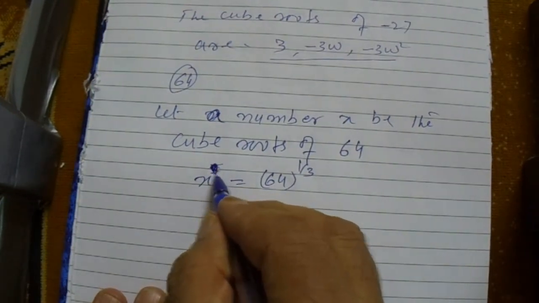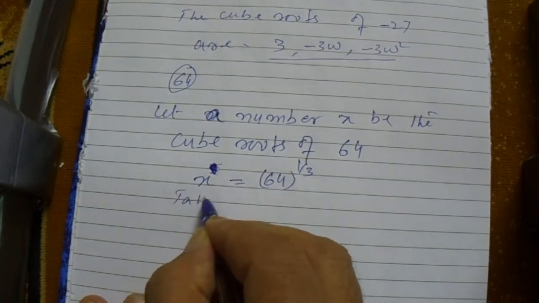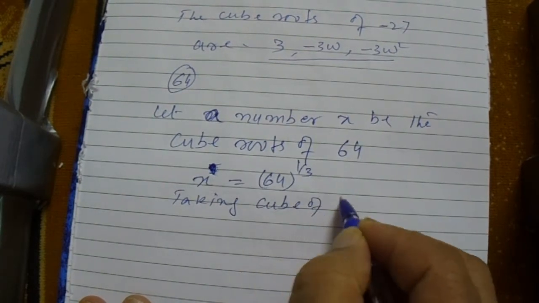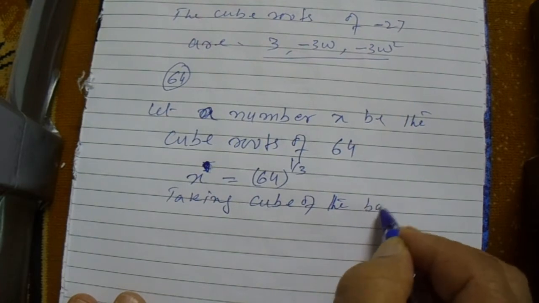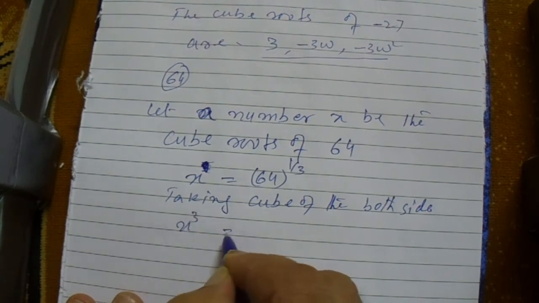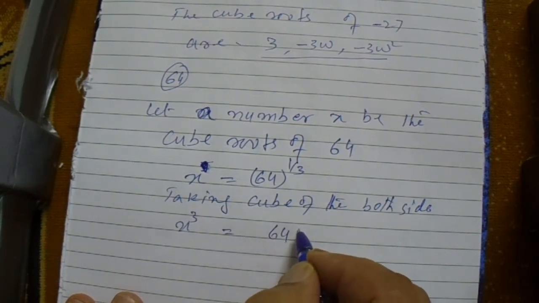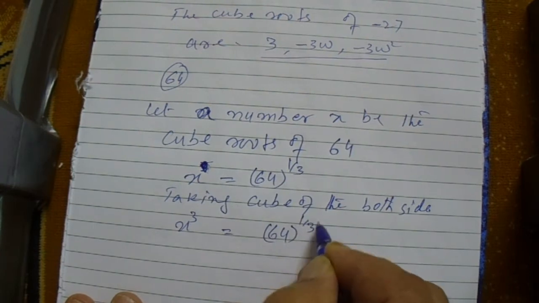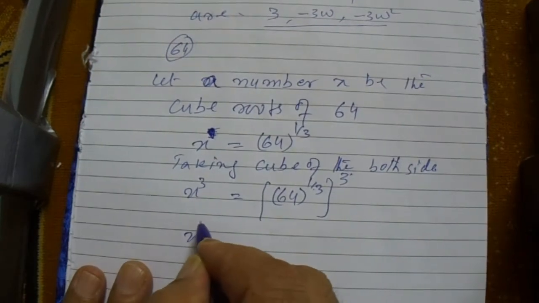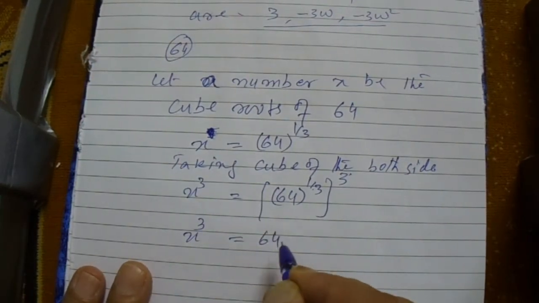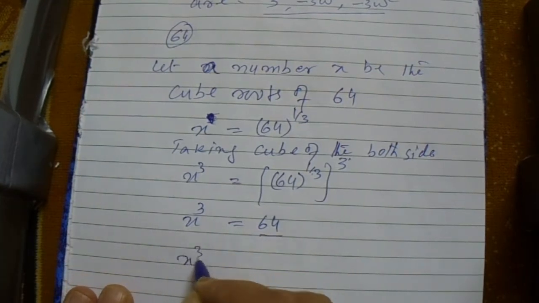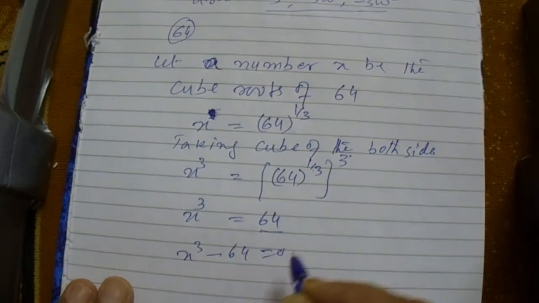Now taking the cube on both sides, we get x cubed, and on the right 64 to the power 1 by 3 times 3, the 3 multiplies with this 3 and we have only 1. So we write here x cubed is equal to 64. Now this 64 we move to the left side, x cubed minus 64 is equal to 0.